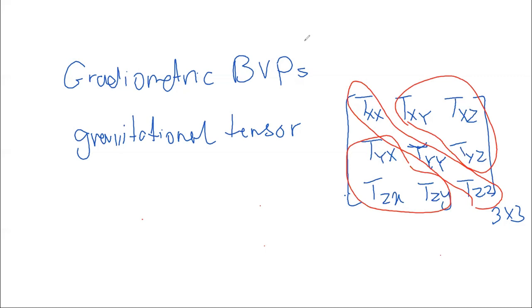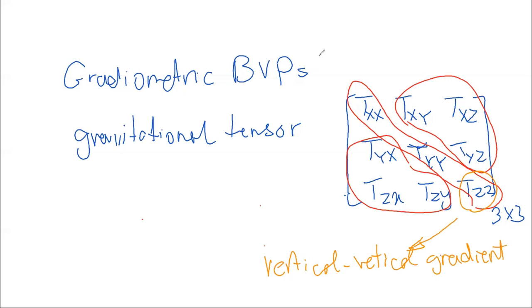So, if you hear somewhere that it is called vertical gradient, don't be surprised. Vertical gradient, because Z is vertical, meaning along the radial direction towards the Earth center or outward from the Earth center.